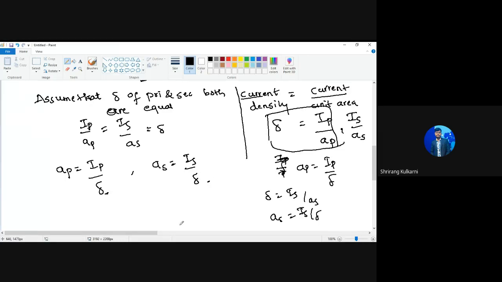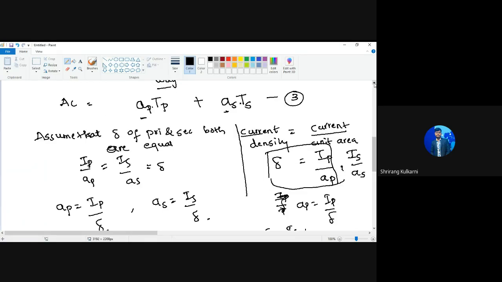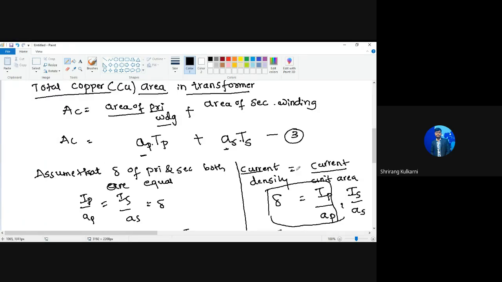Understanding this? Just to find AP and AS, we are taking help of current density. That we have to substitute in equation number 3, in place of AP and AS.